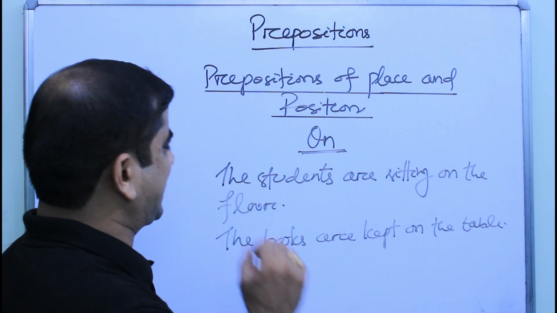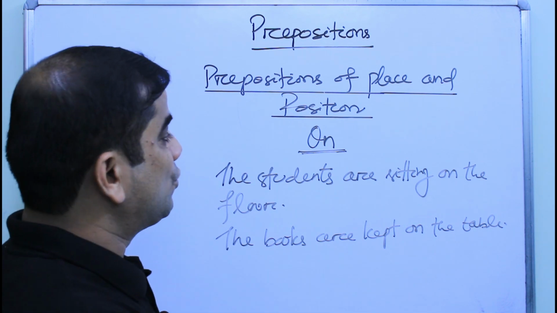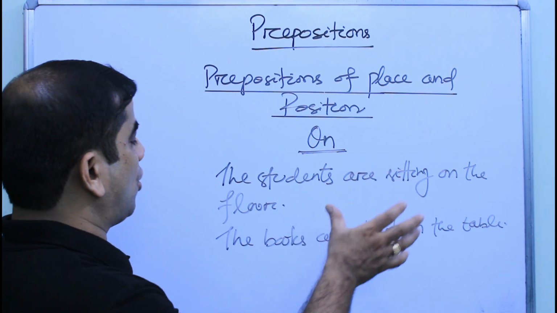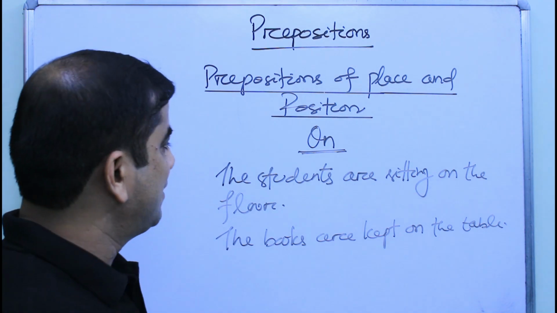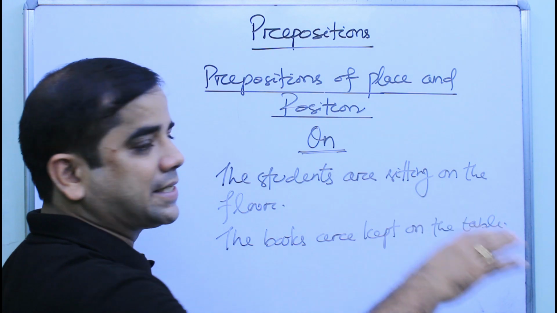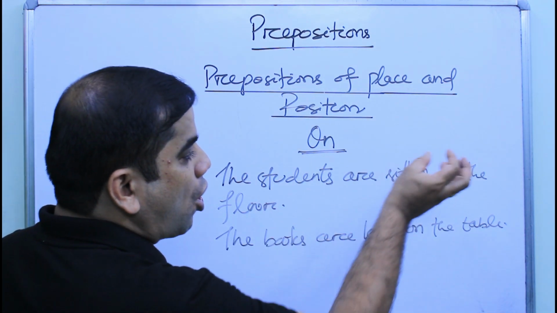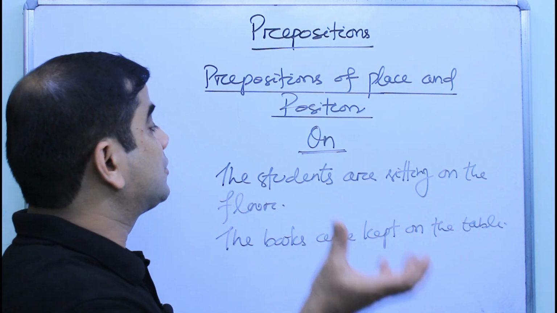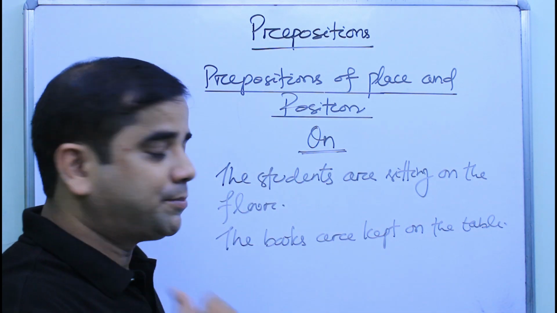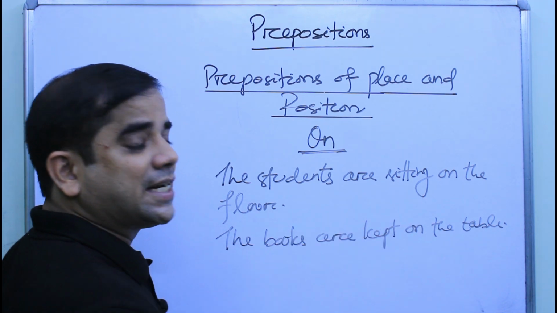Students, in the first case, the students are the subject which are sitting on the floor. So the subject is placed on a two-dimensional surface, that is a floor. So we use on to show the placement of the subjects. In the second case, the books are kept on the table.